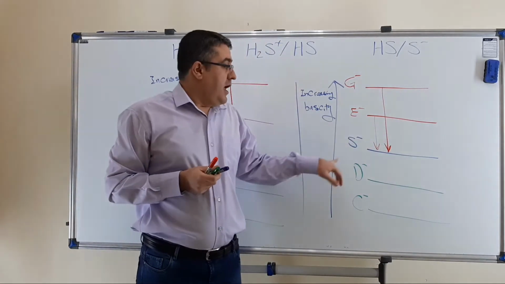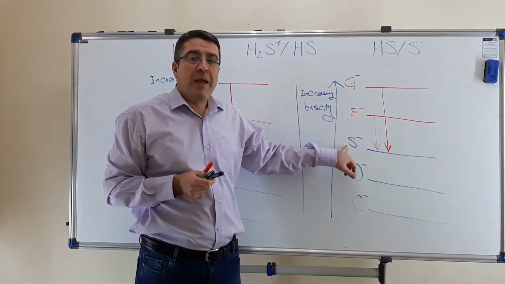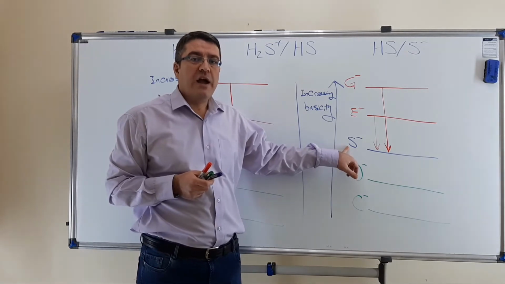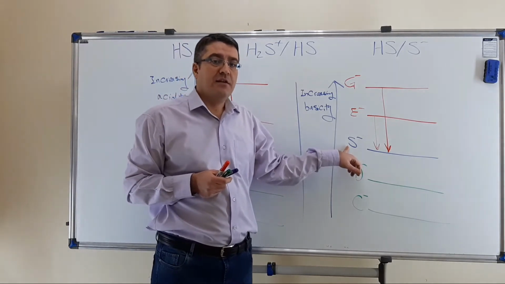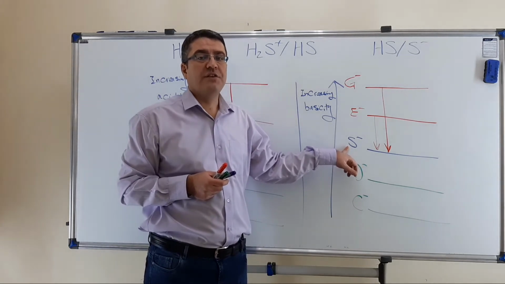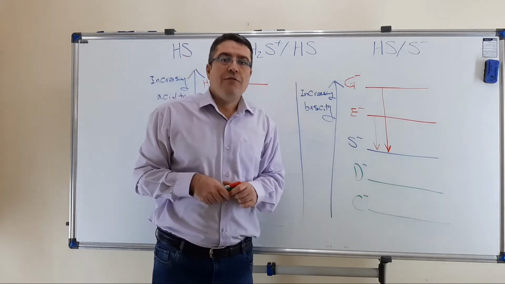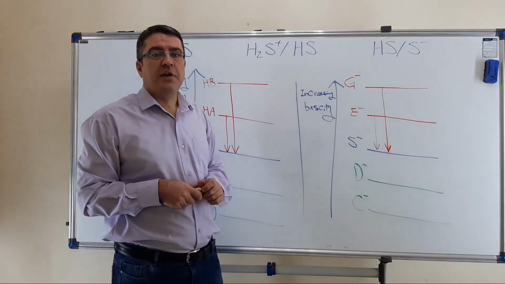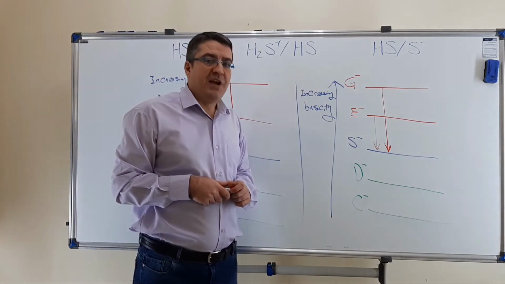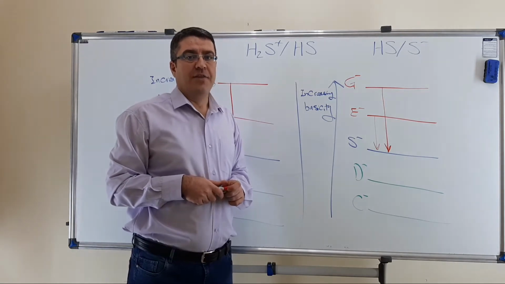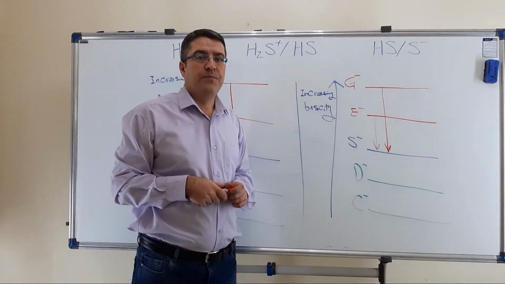Therefore, the conjugate base of the solvent, the lyate anion, is the strongest base that we can have in the solvent HS. For example, in water, in aqueous solutions, the strongest base that we can have is hydroxide anion, OH-.